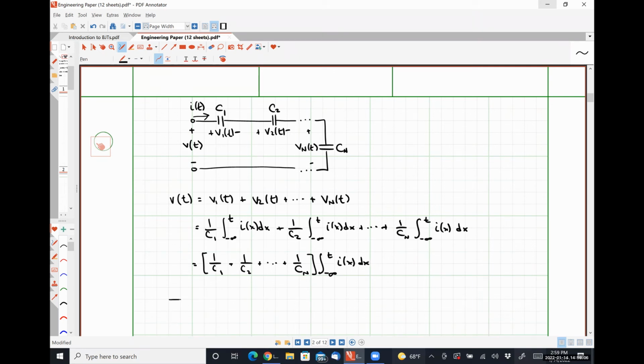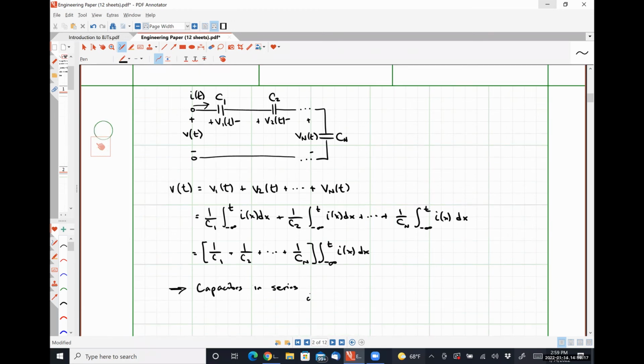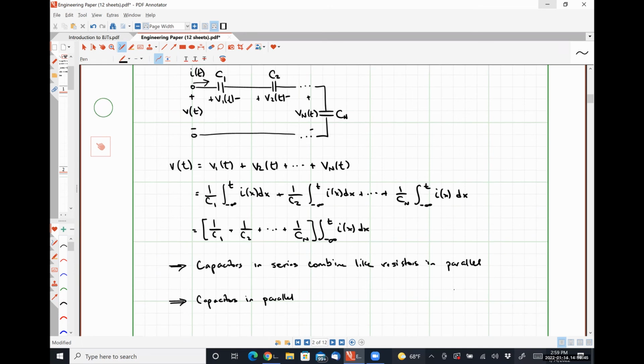And therefore we can see that capacitors in series combine like resistors in parallel. And it should stand to reason then that capacitors in parallel combine like resistors in series.